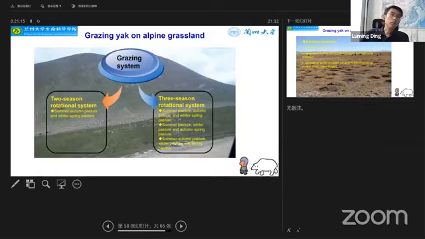There are some different grazing systems: the 2-season rotational system and the 3-season rotational system, which combine different seasonal pastures. The summer pasture, autumn pasture, and the winter-spring pasture are now much more common in the yak grazing system.